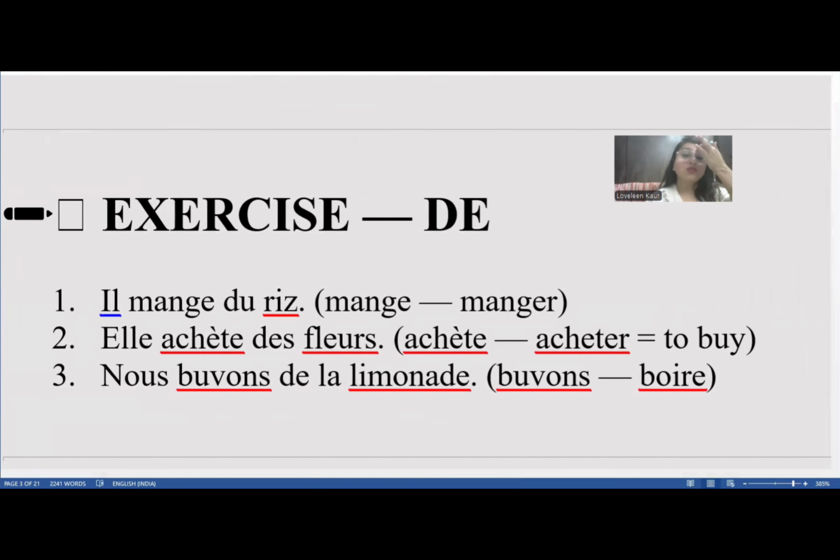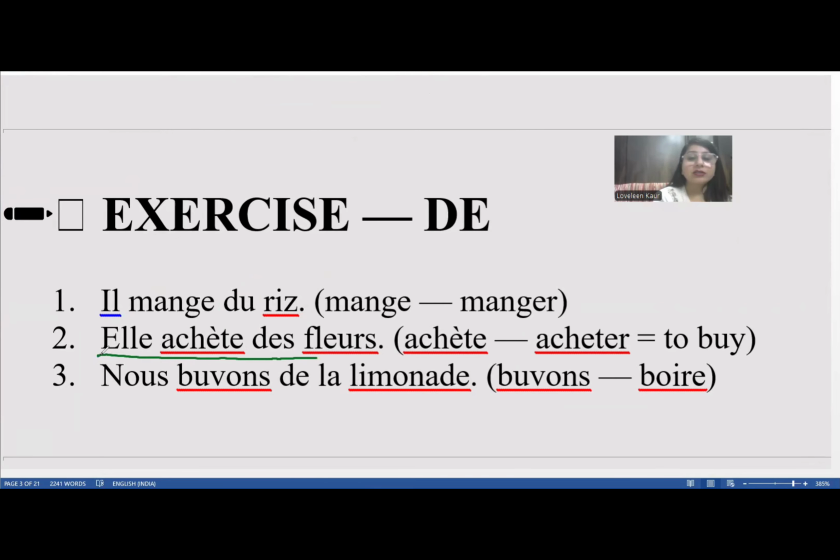For example, il mange du riz. He eats some rice. How will you make it negative? Yes, we'll say il ne mange pas de riz. Right? He doesn't eat rice.